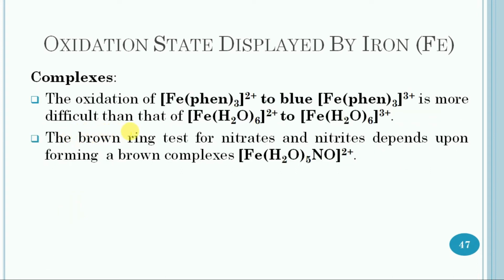The oxidation of iron with 1,10-phenanthroline in the 2 plus oxidation state to blue iron with 1,10-phenanthroline in the 3 plus oxidation state is more difficult than iron in oxidation state 2 having 6 water ligands and iron in the 3 positive oxidation state with 6 water ligands.